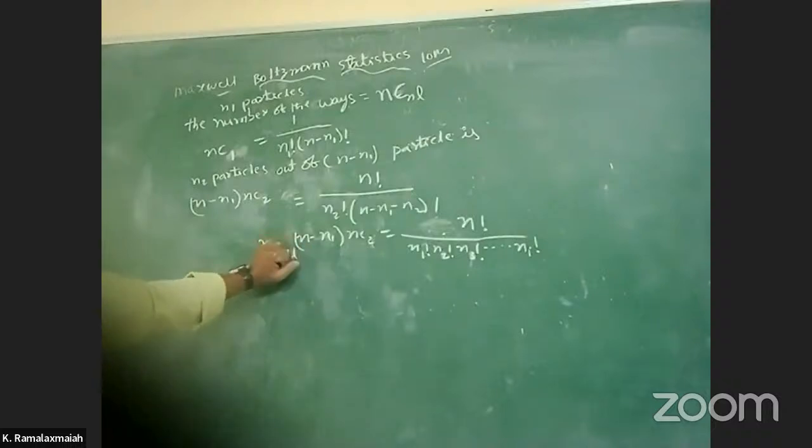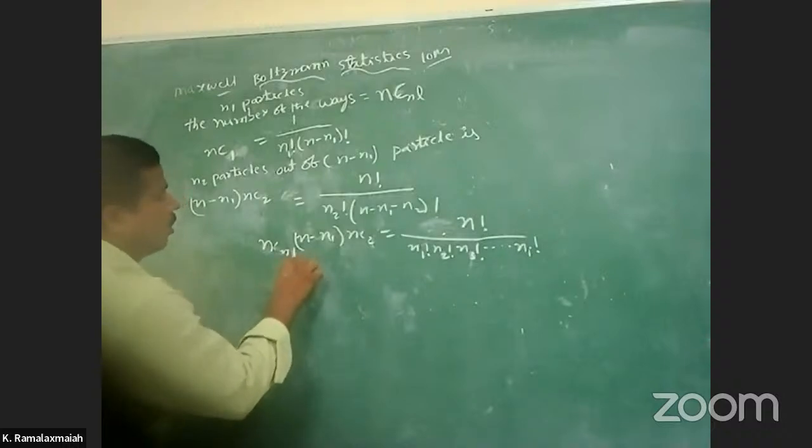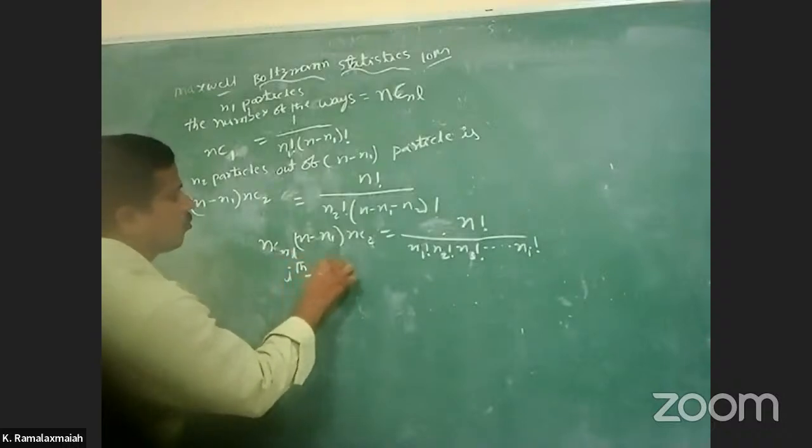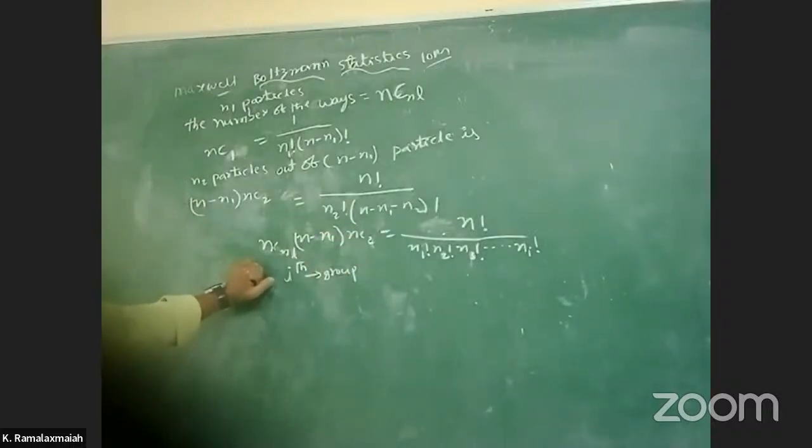So each group of the level has gi elementary wave functions. The gi elementary wave functions are available. Consider the ith group. The particles are accommodated in gi different states.